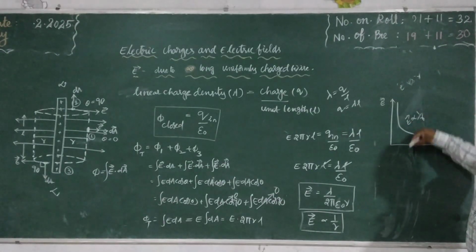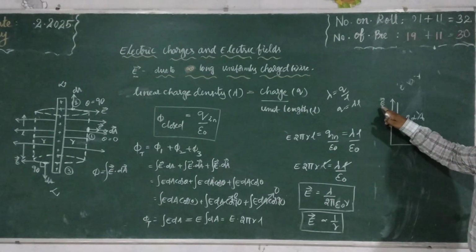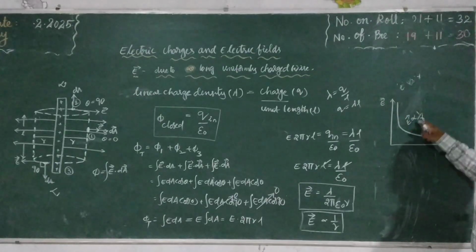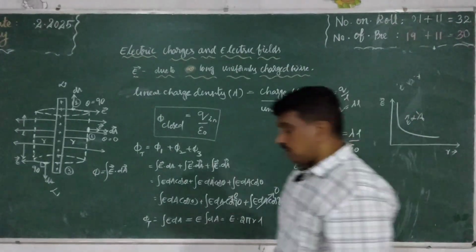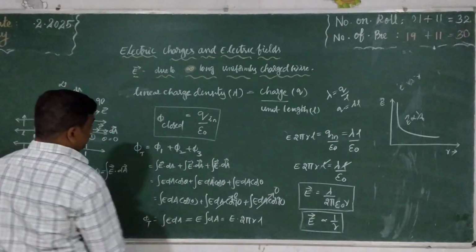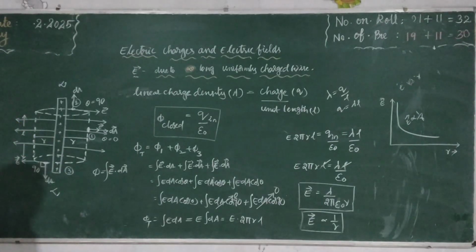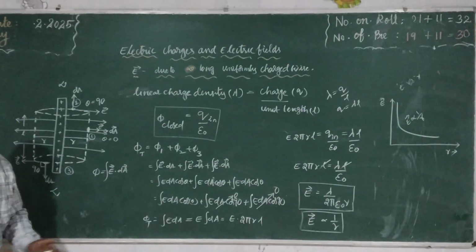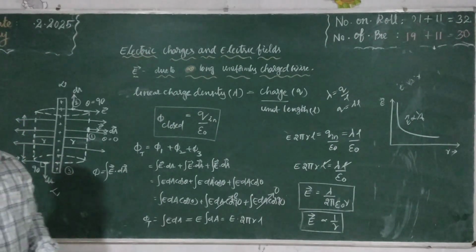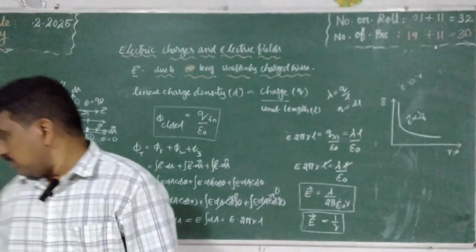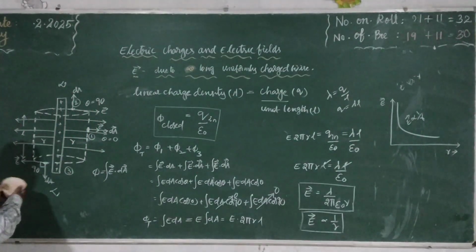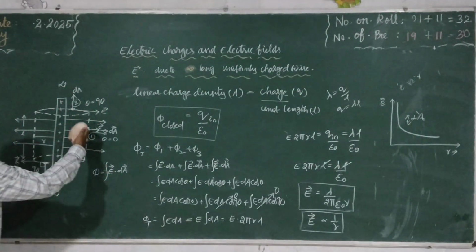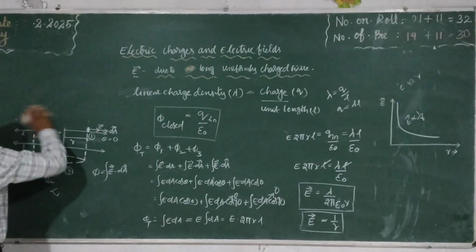This is the graph of electric field versus distance from the infinitely long uniformly charged wire. This is the electric field due to an infinitely long uniformly charged wire. This is very important for the CBSE board exam. Next we discuss the electric field due to cylinders.